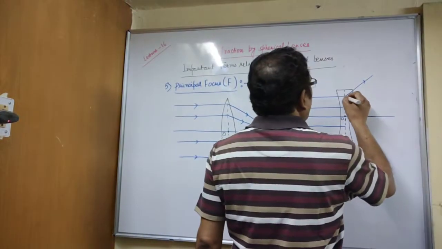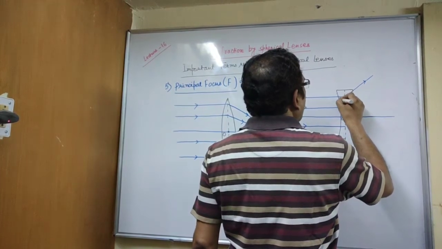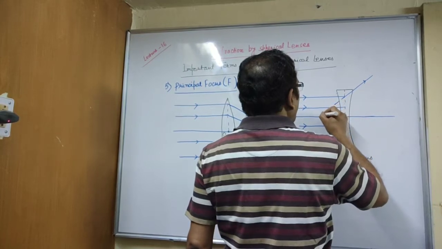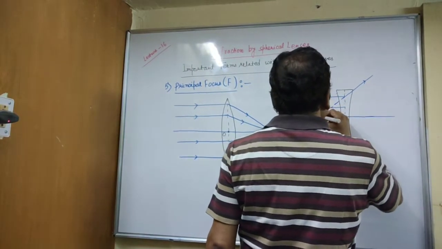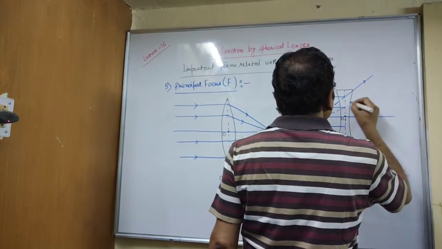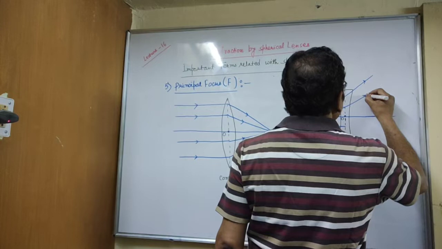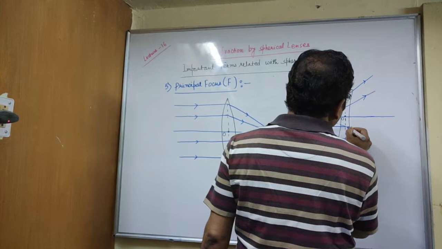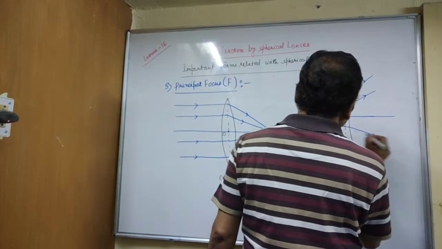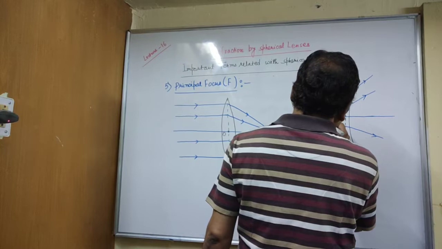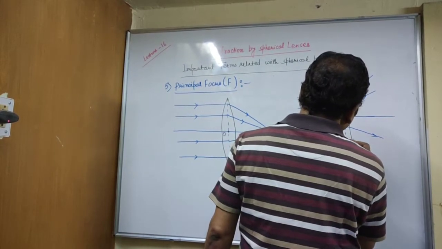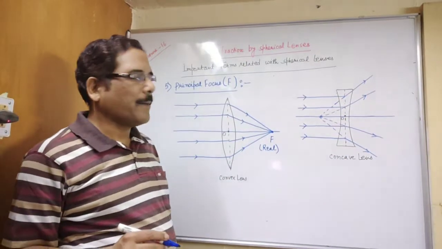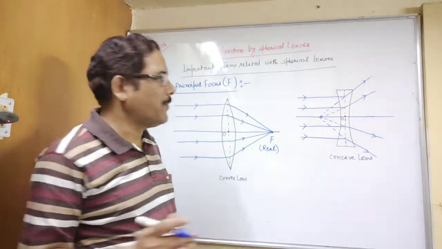So if you produce it backward, similarly this ray will diverge. Similarly all these rays will diverge. So it appears they are just coming from a point.